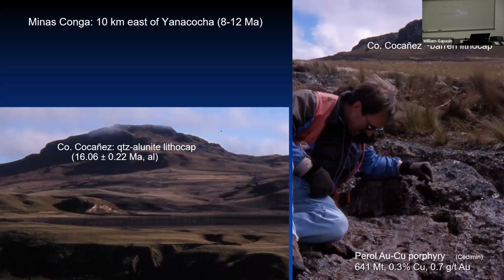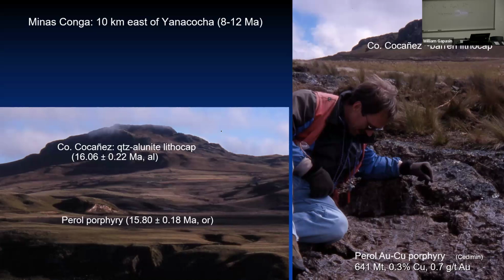And when it was dated, 15.8 versus 16.06 for the alunite, with error bars, these overlap. Again, maybe there, and Daoshan has worked on this.